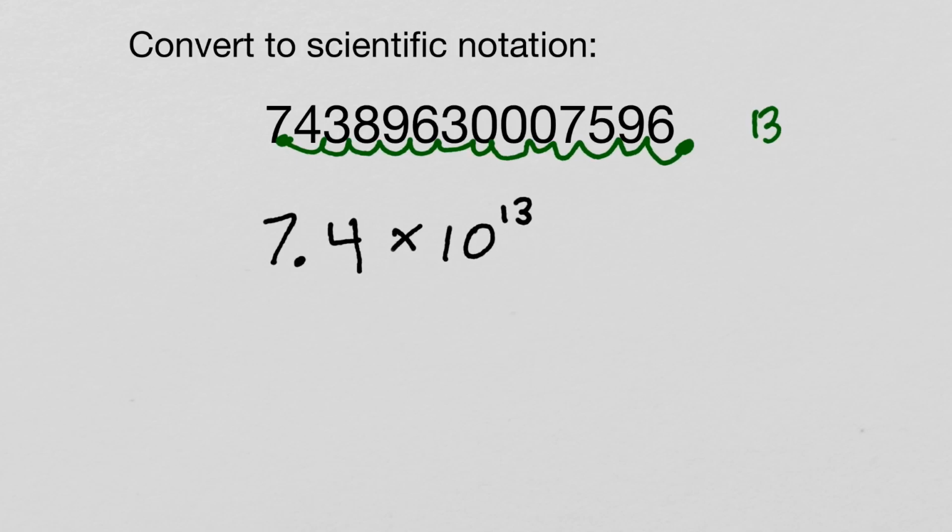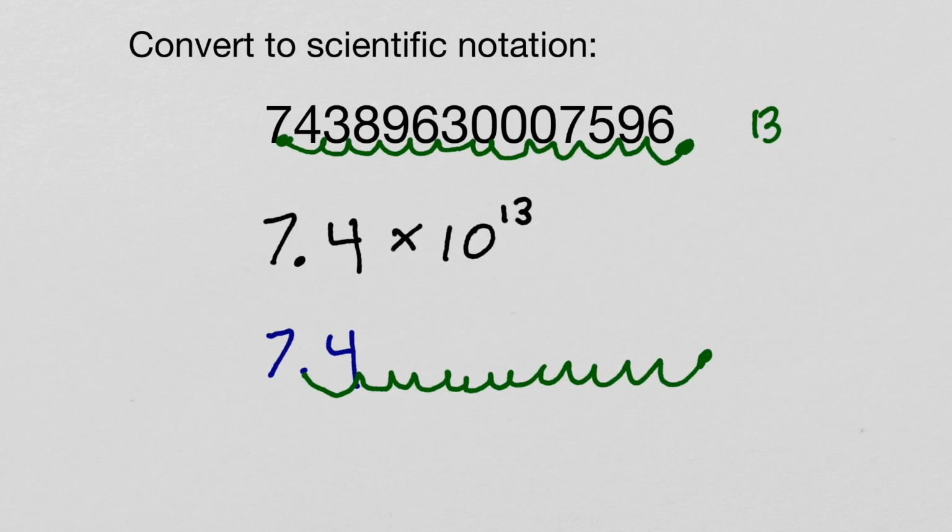Now, if you needed to take this number and convert it back into regular notation or standard notation, you would simply take your 7.4 and move the decimal place to the right 13 places. 1, 2, 3, 4, 5, 6, 7, 8, 9, 10, 11, 12, 13. And fill in the rest with zeros.